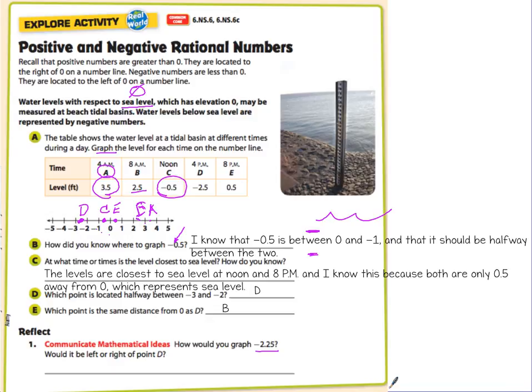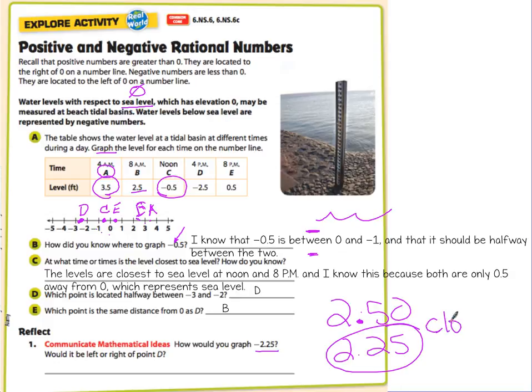So let's kind of think of money. Regardless of positive or negative, what's closer to having $0? $2.50 or $2.25? So I know that 2 and 25/100ths is closer to 0. So since it's closer to 0, I know that based on point D, it's going to be further to the right because to the right is going to be closer to 0.